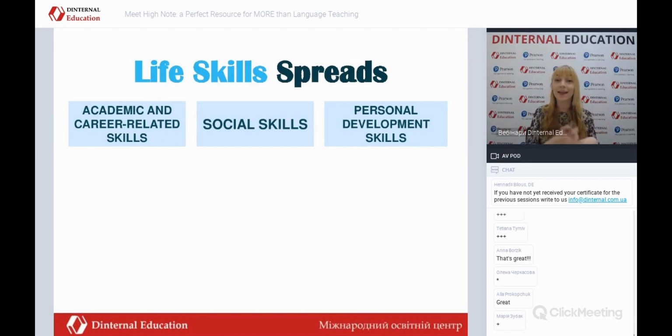So the first is academic and career-related skills, so something the students will need when they start studying at the university and start the first job, or just choosing the first job, again, is a skill. Social skills, well, pretty simple, very understandable, and personal development skills, so something just for yourself.